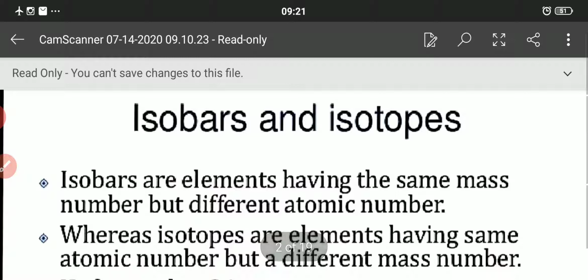Now it is a very important definition from the exam point of view: isobars and isotopes. Isobars are elements having the same mass number but different atomic number.